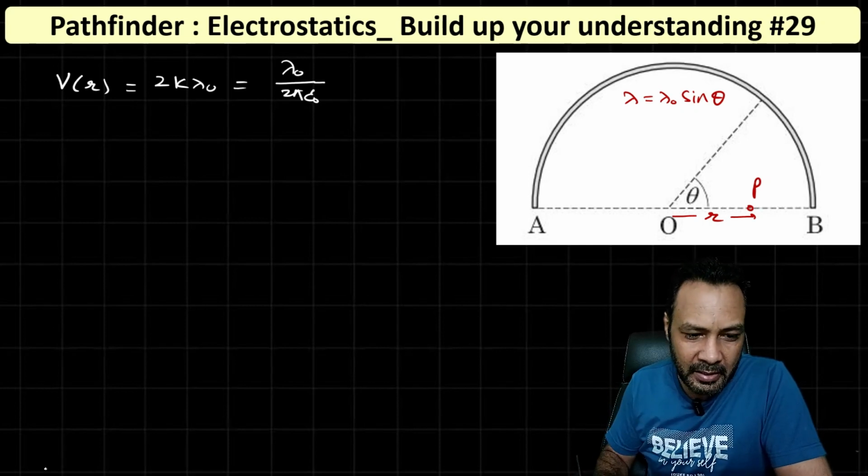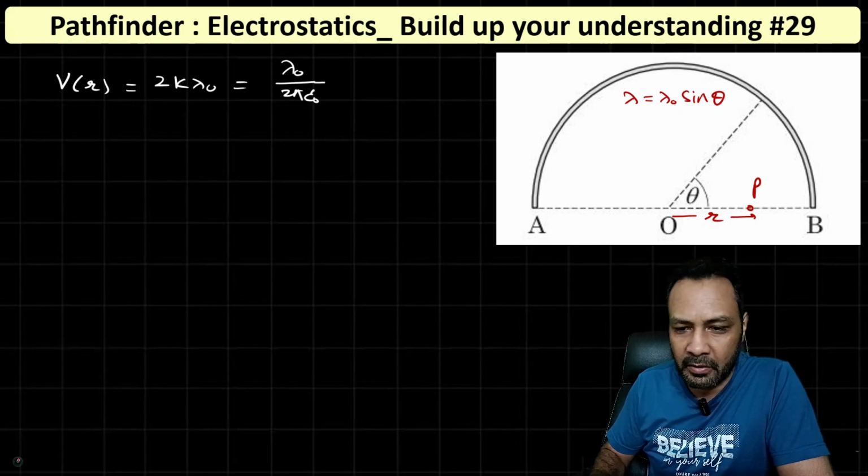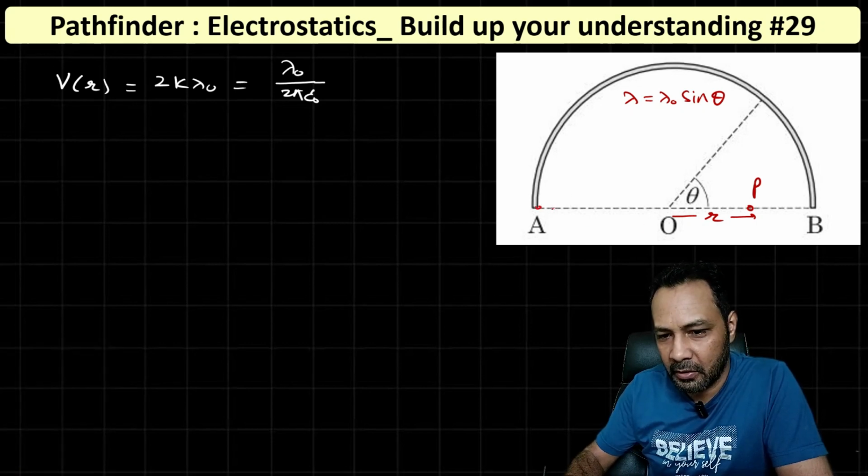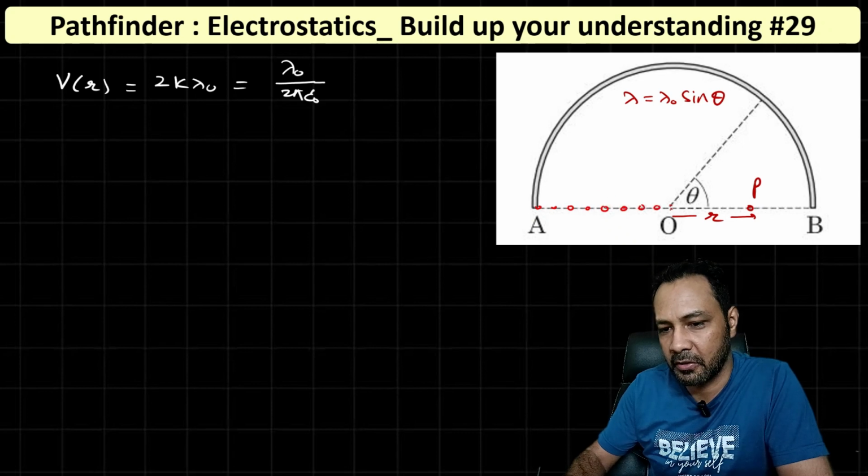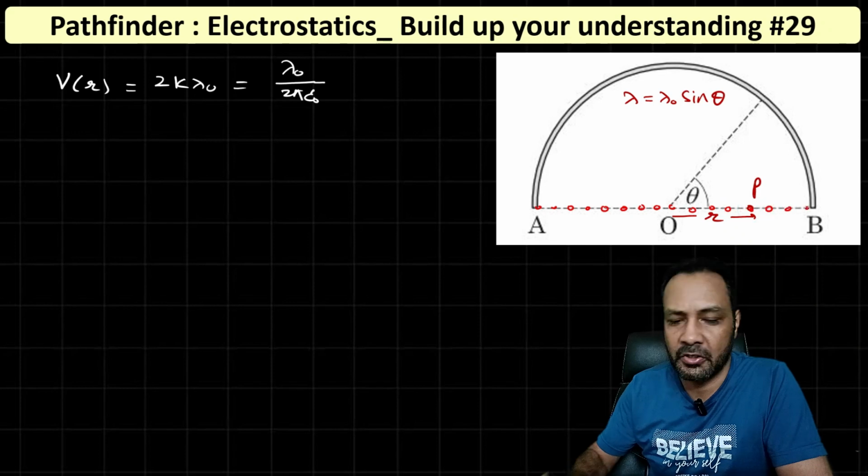And what does this actually mean? It means that if I go from here to here to here, potential is same, and the potential is not changing.